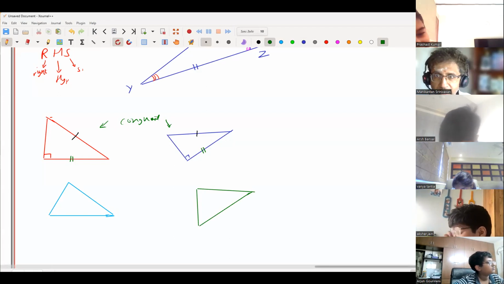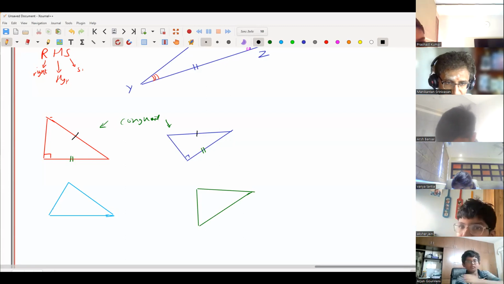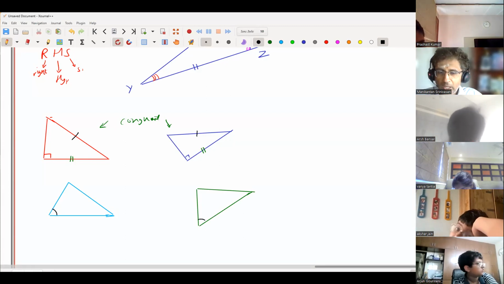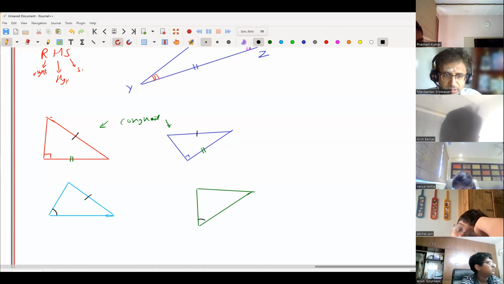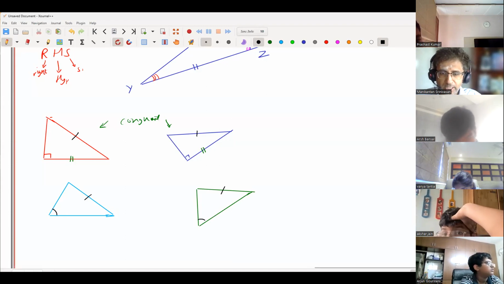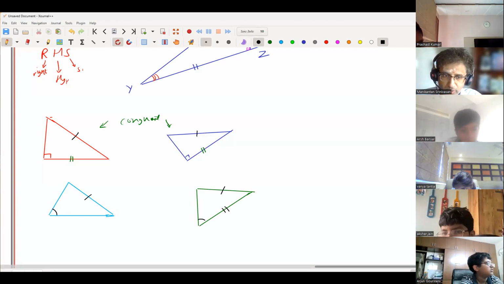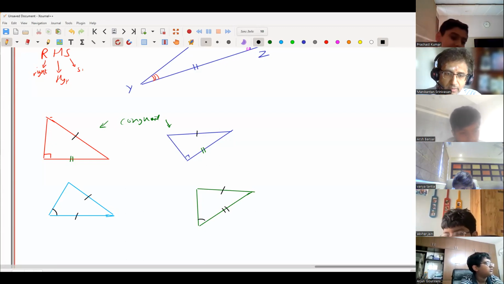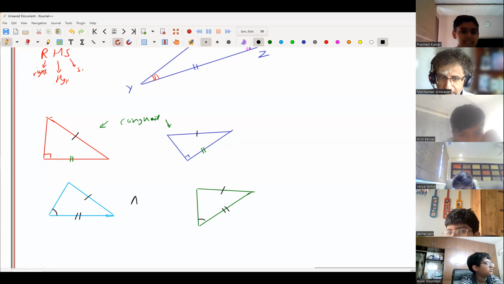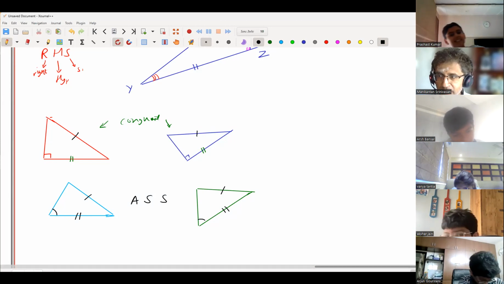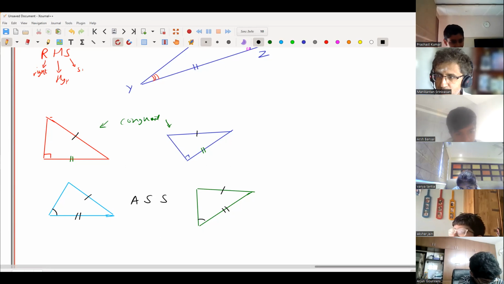So let's say this angle is given to be this angle. Instead of 90, just imagine this is 80 degrees now. Okay, there's no hypotenuse, but let's say this is the opposite side to this big angle. This is the opposite side to this big angle. And then the other side, which is this, but the angle is not sandwiched between the two sides, so this becomes angle, side, and side. The angle that's given is not sandwiched between the two sides.